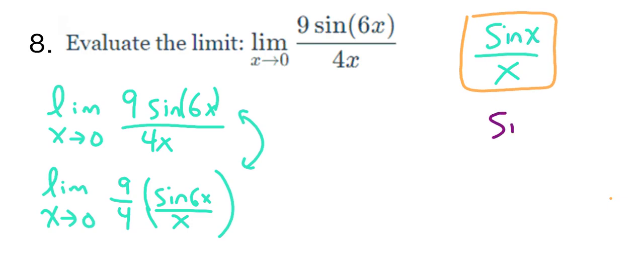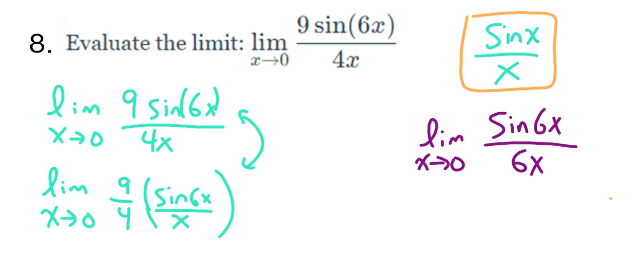If I had sine of 6x and I had it over 6x, then I actually could still apply the special trig limit because it's still sine of something over that something. Who cares if the something looks a little different? It still works. So let's just put a 6 there. Now, are we allowed to just plop a 6, multiply the denominator by 6?